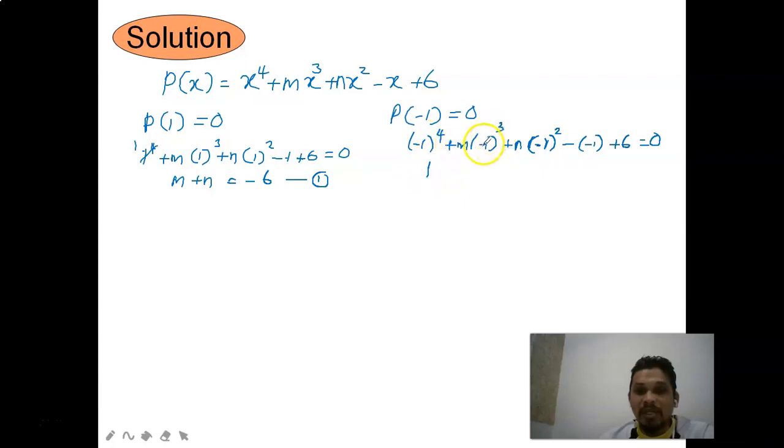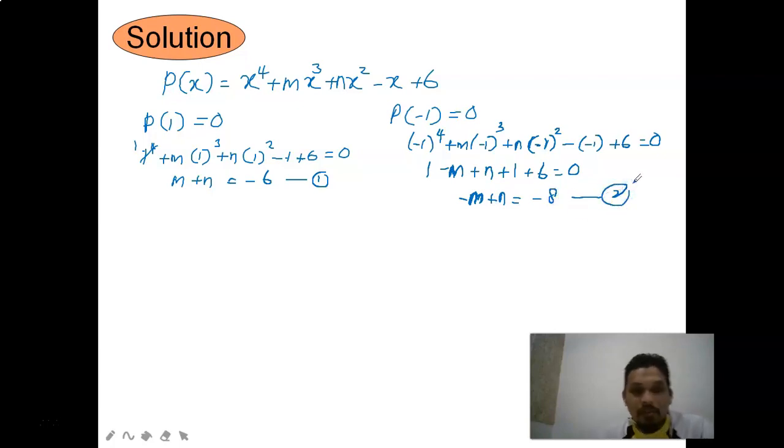Negative 1 cubed is negative, so it becomes minus m. Negative 1 squared is positive, so plus n. Negative times negative is positive 1, plus 6 equals 0. Okay, 1 plus 1 equals 2, plus 6 equals 8, so negative m plus n equals negative 8.